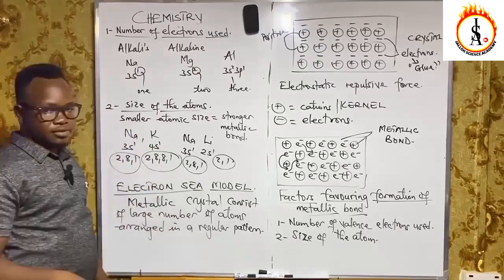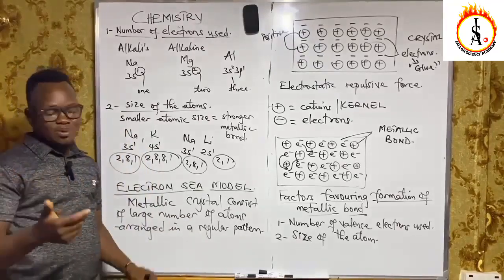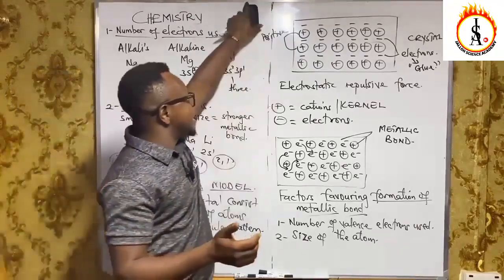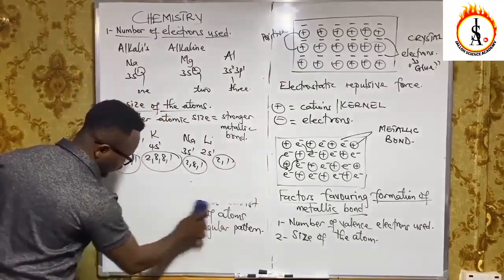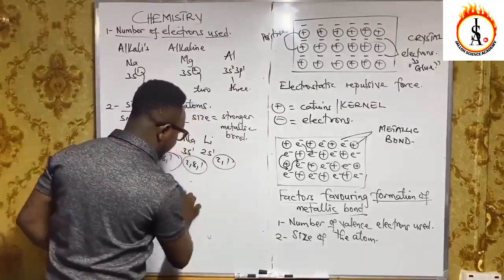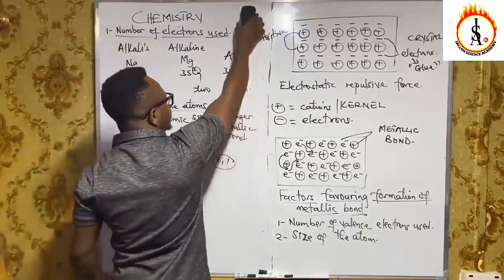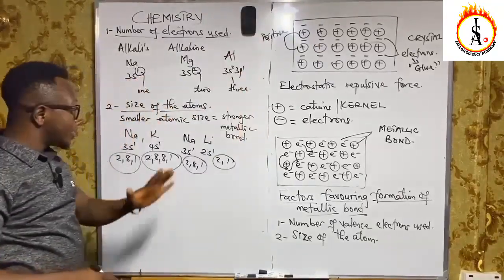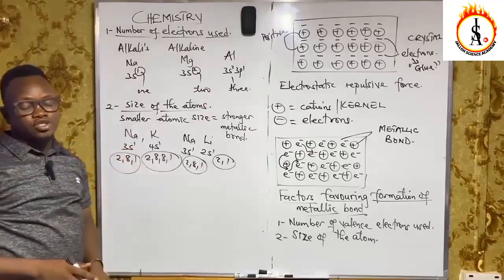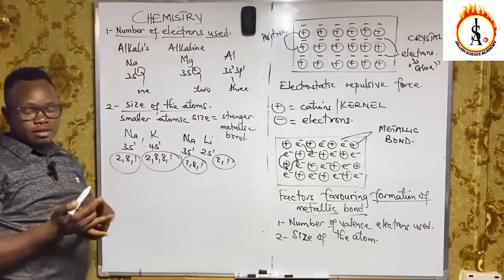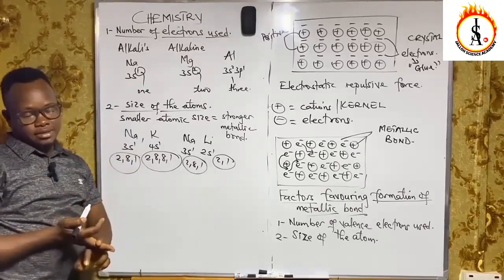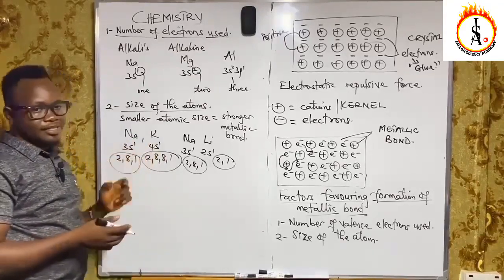So next, let's look at metallic bonding in the transition metals, the D block elements. Of course, we'll just focus from scandium to zinc. Now, the transition metals, when compared to these other metals, are much denser, much harder, and have higher boiling points than these metals.